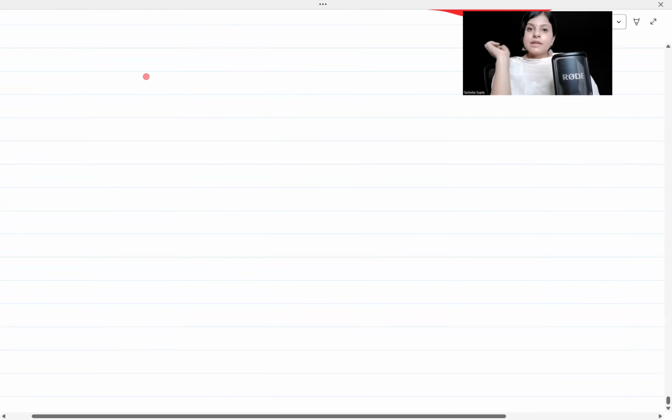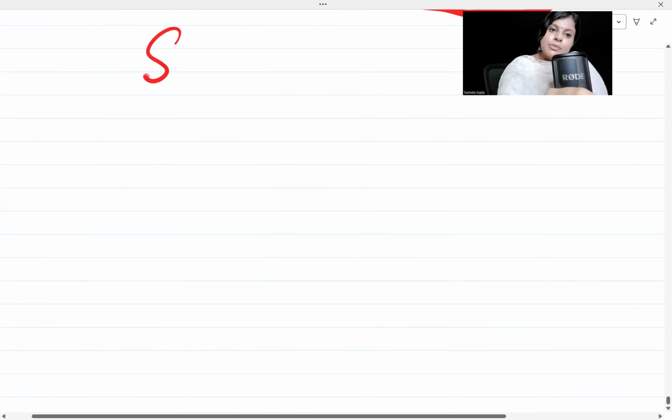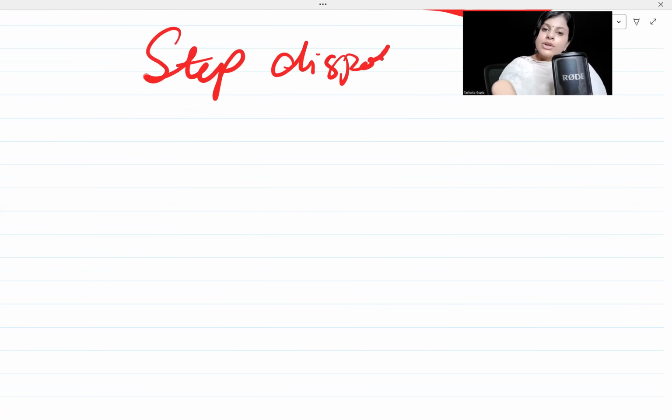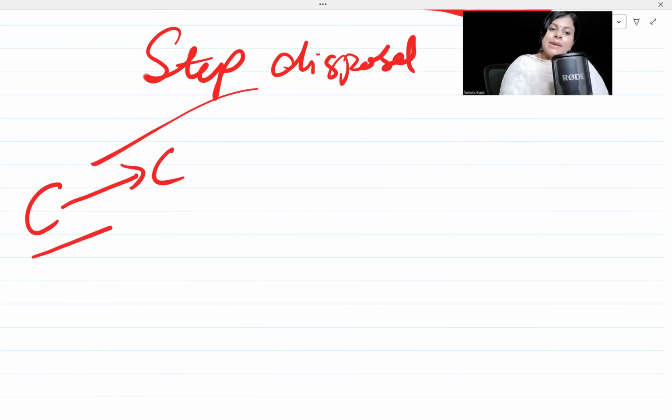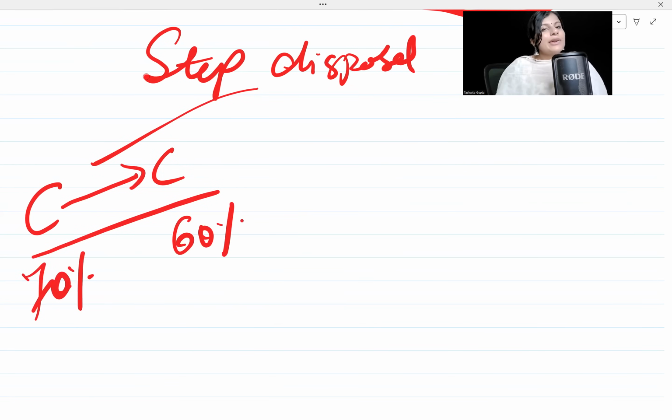Then let's talk about step disposal. In step disposal, guys, again, we have two situations. Situation number 1, when I move from control to control, that is same as step acquisition. You previously had 70%, you dispose something, now you have 60%. So you calculate what's your increase in NCI using unitary method.